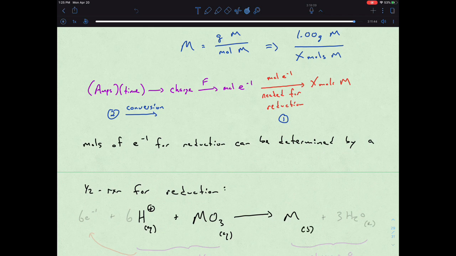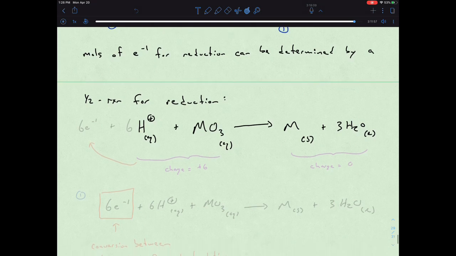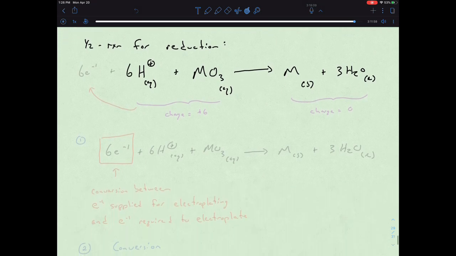So if we balance things out, we would end up with 3 H2Os for that product side to balance out the oxygen. We would then have to have 6 protons. And so if we calculate charge, we would find that we're going to need 6 electrons for this reduction to actually occur.